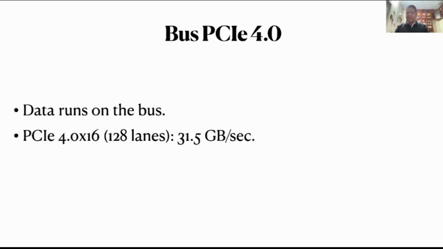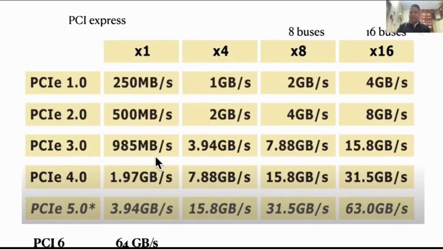Now PCI 4, data runs on the bus. So there are 4 into 16, so there are 64 lanes. That's the calculation, and it can transfer 31.5 gigabytes per second. The PCI 4 we had in the table, PCI 4, 31.5 gigabytes.